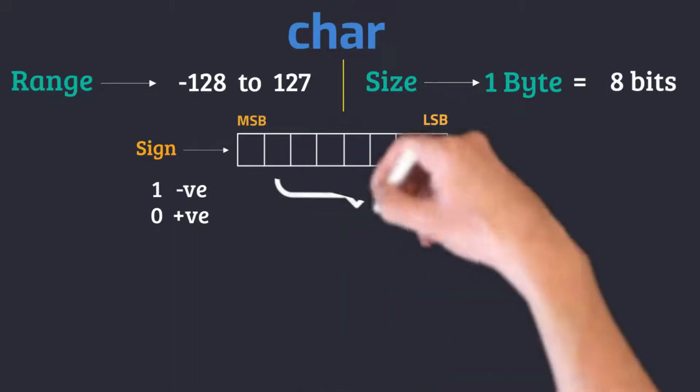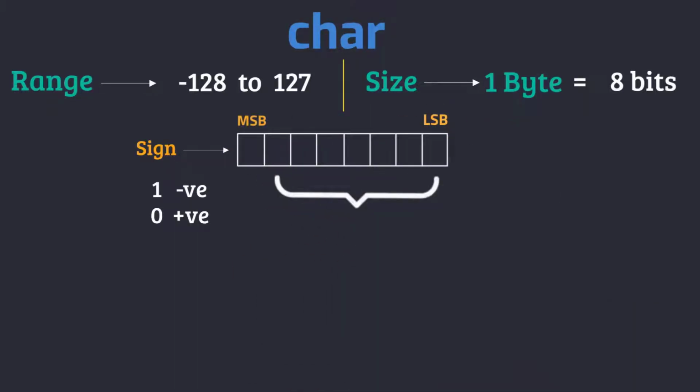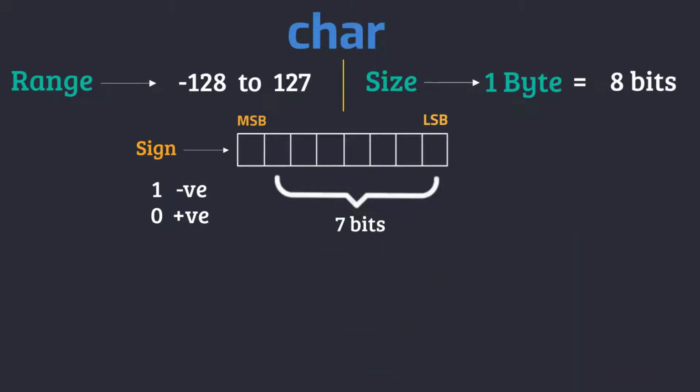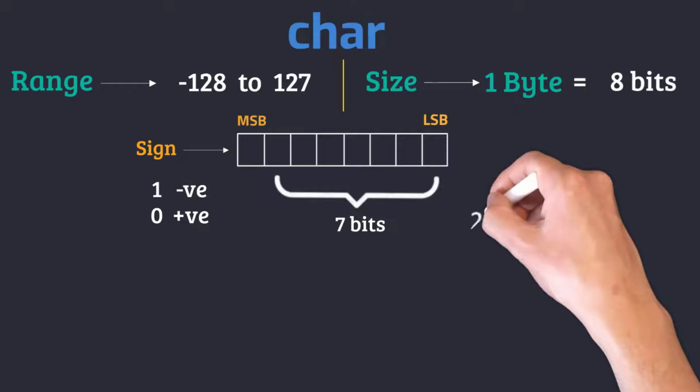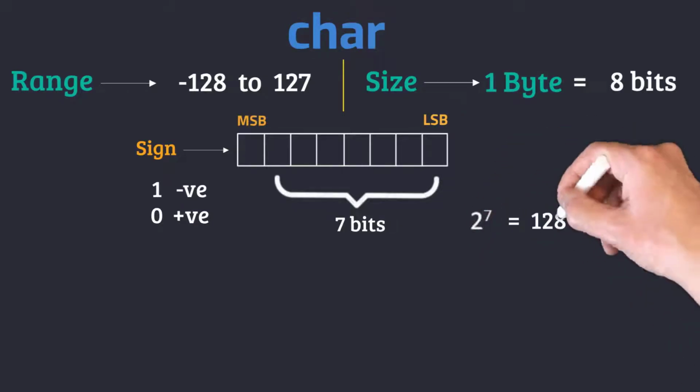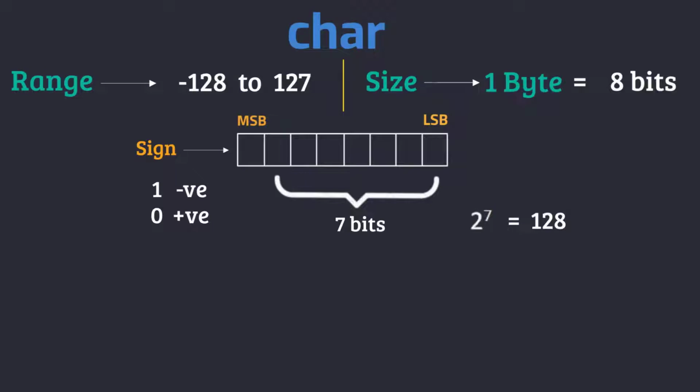Now 1 out of 8 bits is being reserved for representing a sign. The remaining 7 bits can be used to store data. The number formed using 7 bits can be calculated by 2 raised to the power 7, which equals 128. In other words, we can store numbers up to 128 using 7 bits. Since our numbers start from 0, we can store a range of numbers from 0 to 127.